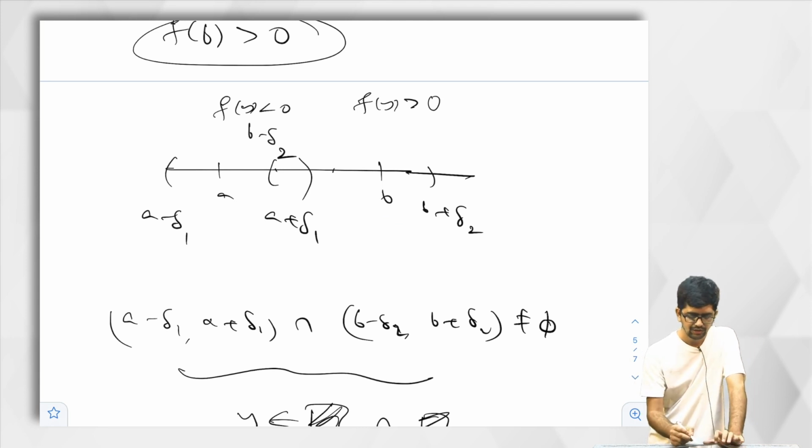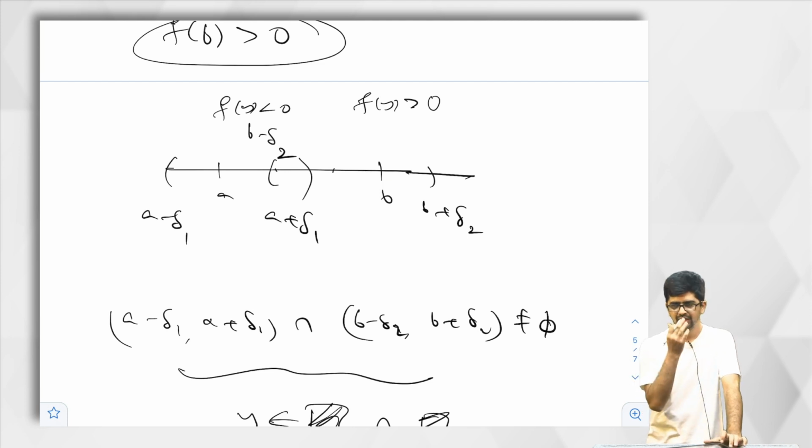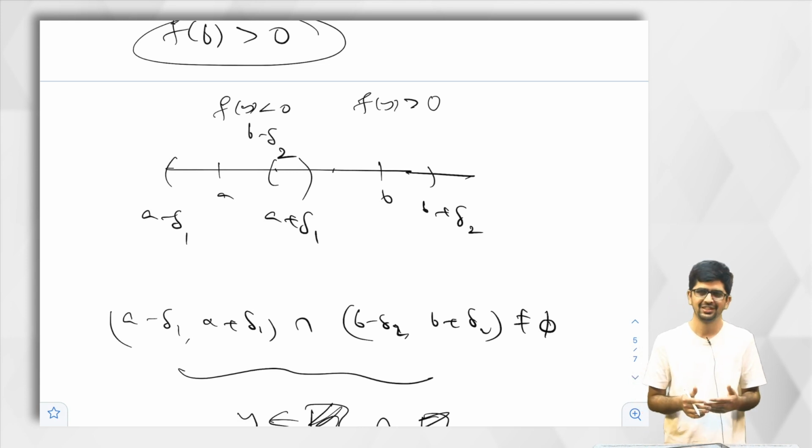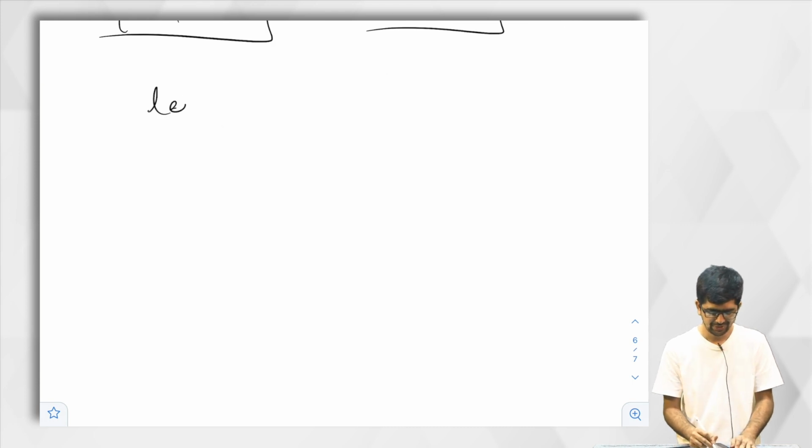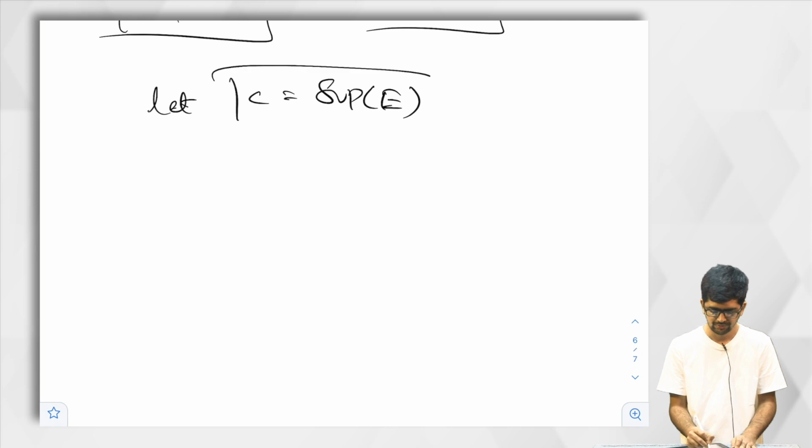So this element b is an upper bound for E. Now what do we do? Whenever we talk about a set with an upper bound, the first thing that should come to your mind is supremum. So let c equal the supremum of E.